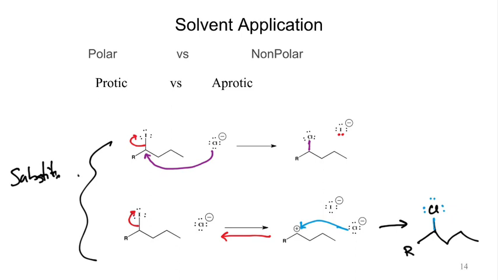So the choice of solvent could change how the reaction happens. If I want this thing to come into existence, what I might do is choose a solvent that would stabilize that positive. Well, what solvent would stabilize that positive? Something that's negative, but that would suggest what force?